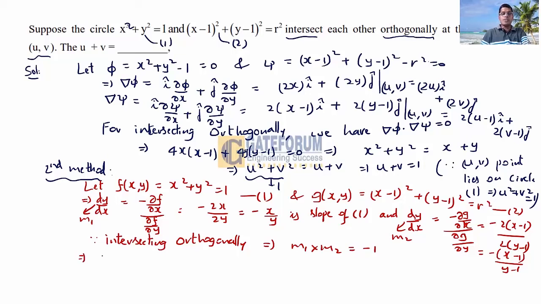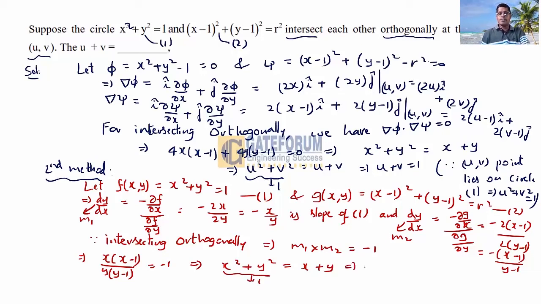Implies minus into minus plus, x into (x minus 1) divided by y into (y minus 1), you'll be getting minus 1. This simplifies to x square plus y square is equal to x plus y. So that is, this is already given 1, which implies x plus y is equal to 1.